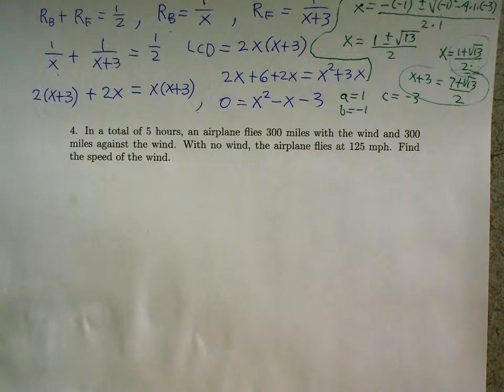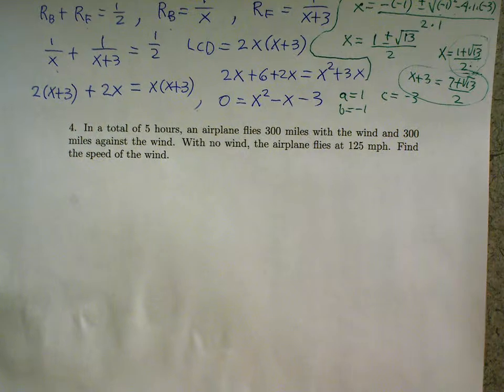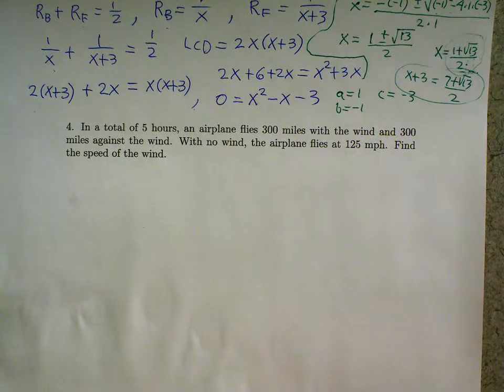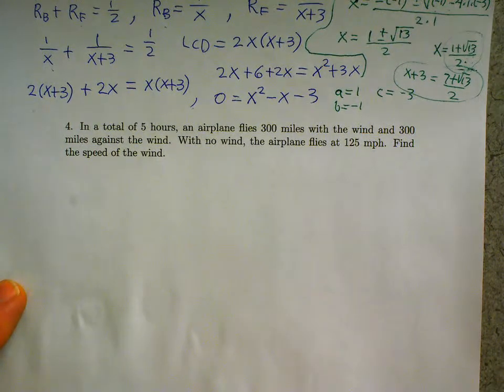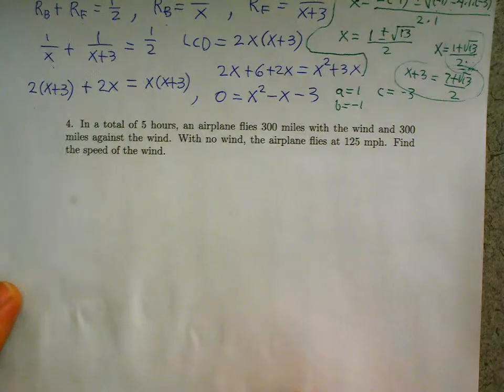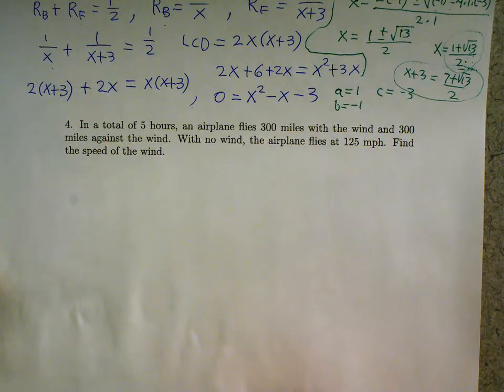Find the speed of the wind. I'll give you 2 or 3 minutes to work on this one. So see what you can get accomplished in 2 or 3 minutes.